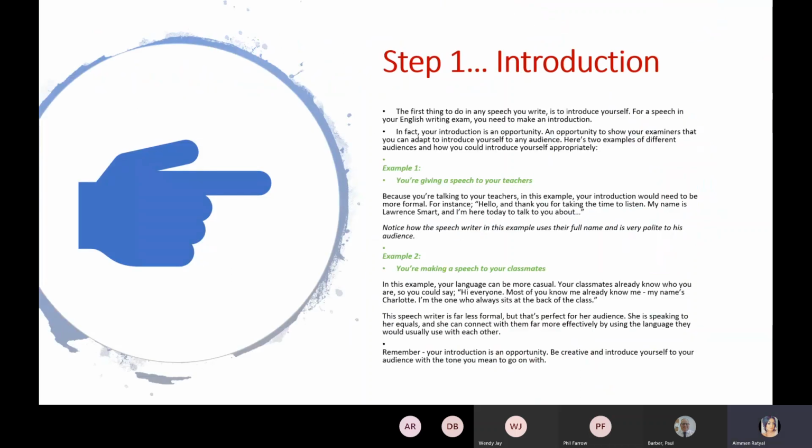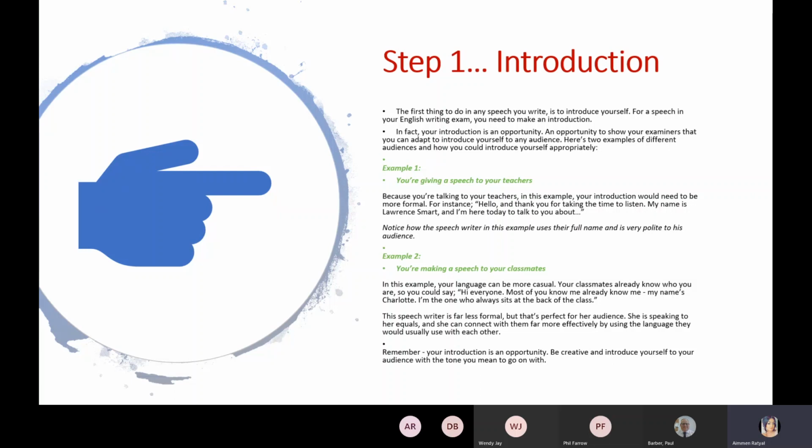So step one is your introduction. The first thing to do in any speech you write is to introduce yourself. So for a speech in your English writing exam, make sure you obviously have an introduction. The introduction is an opportunity to show your examiners that you can adapt to introduce yourself to any audience. The first example is if you're giving a speech to your teachers.